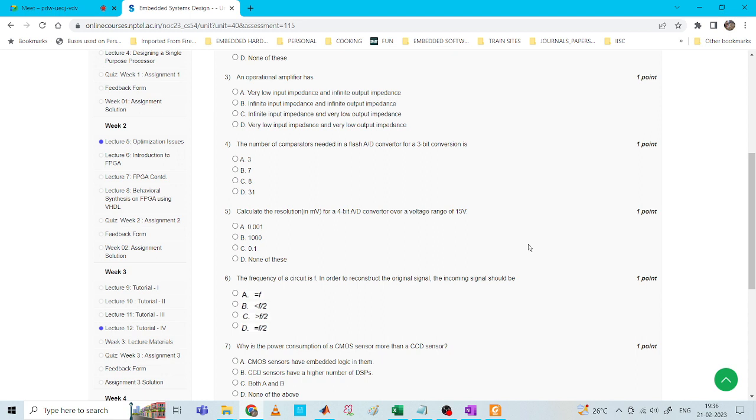But here things are different. Whatever we have discussed is what should be the frequency of the circuit such that it samples the incoming signal properly. But here it is asking what is the frequency of the incoming signal. You got it?